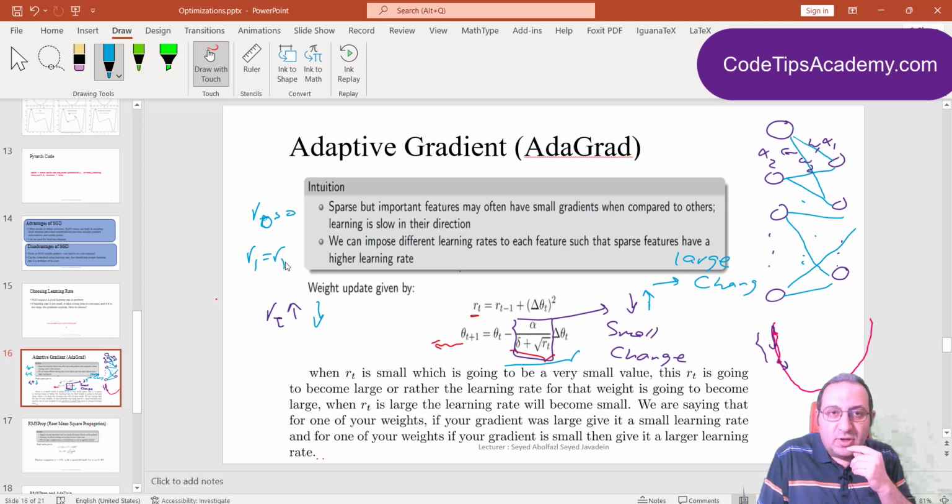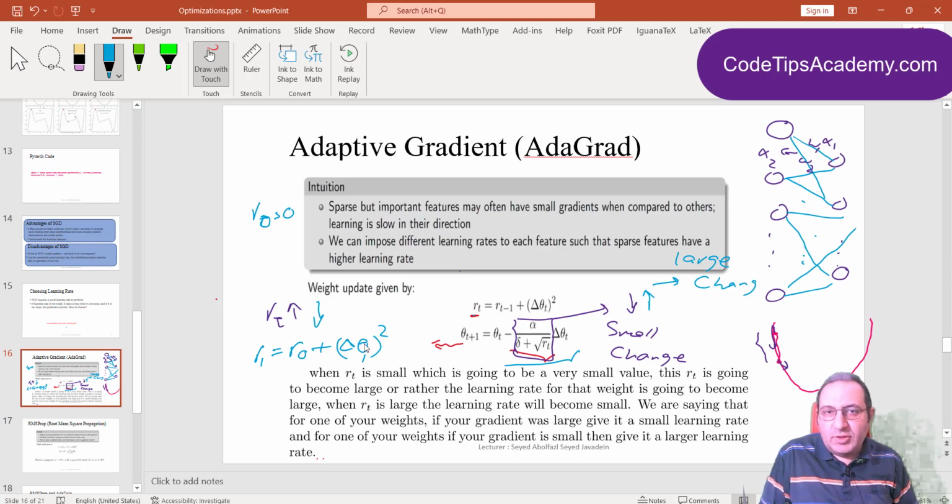For step 1, R1 is R0 plus the square of changes in weight. And what does this mean?